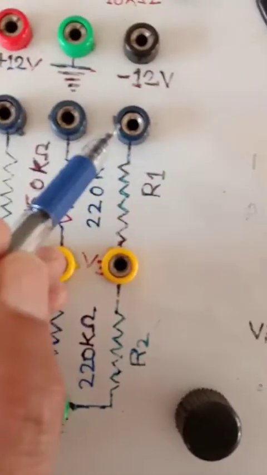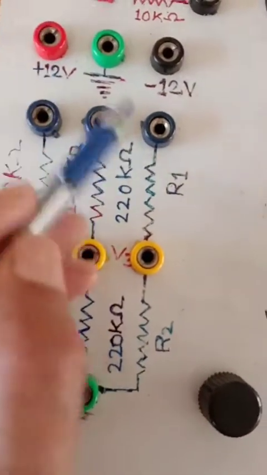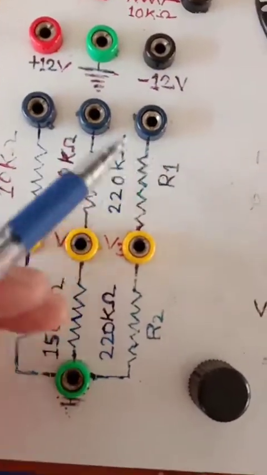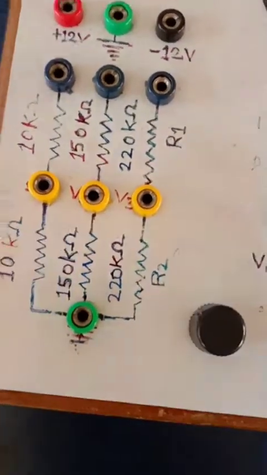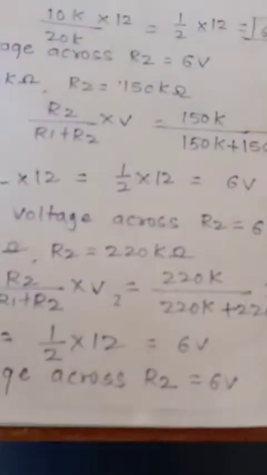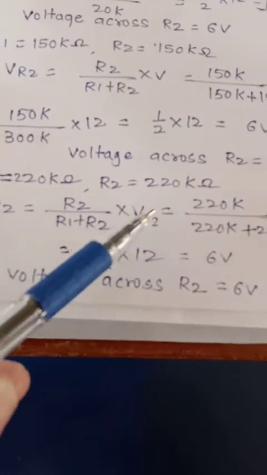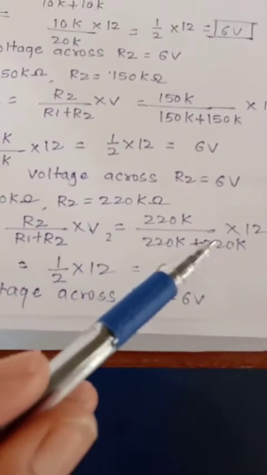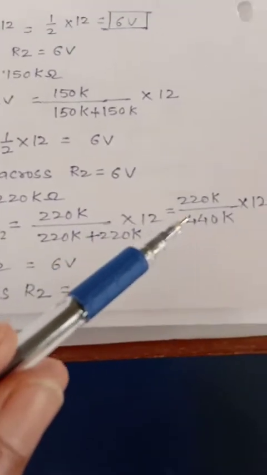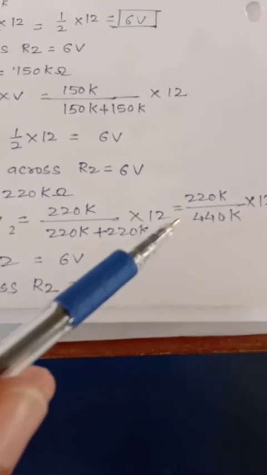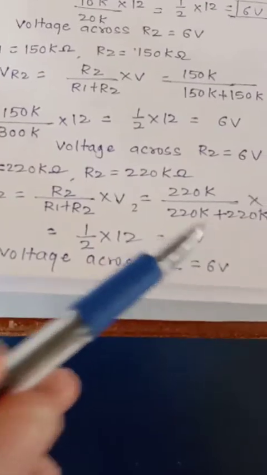If we apply 12 volt to this voltage divider, then voltage across R2 is equal to R2 divided by R1 plus R2 into V, that is 220K divided by 220K plus 220K into 12, that is 220K divided by 440K into 12, that is 1 half into 12, that is equal to 6 volt.